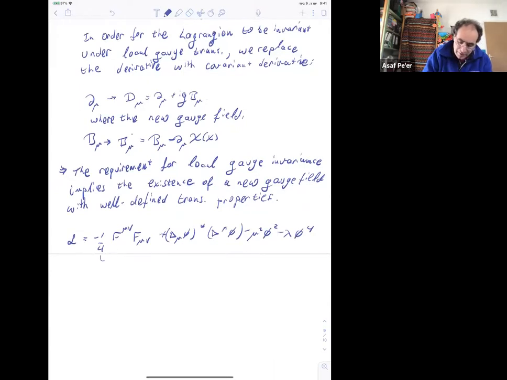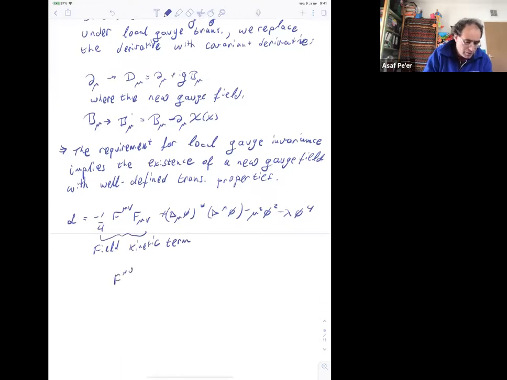F mu nu is the kinetic term of the field, similar to what we had previously, defined as partial mu B nu minus partial nu B mu, just to make sure that we have a kinetic term for the field as well. Now, note that we did not put any mass term for the field, because if we were to put a mass term for the field B, it would break the gauge invariance.